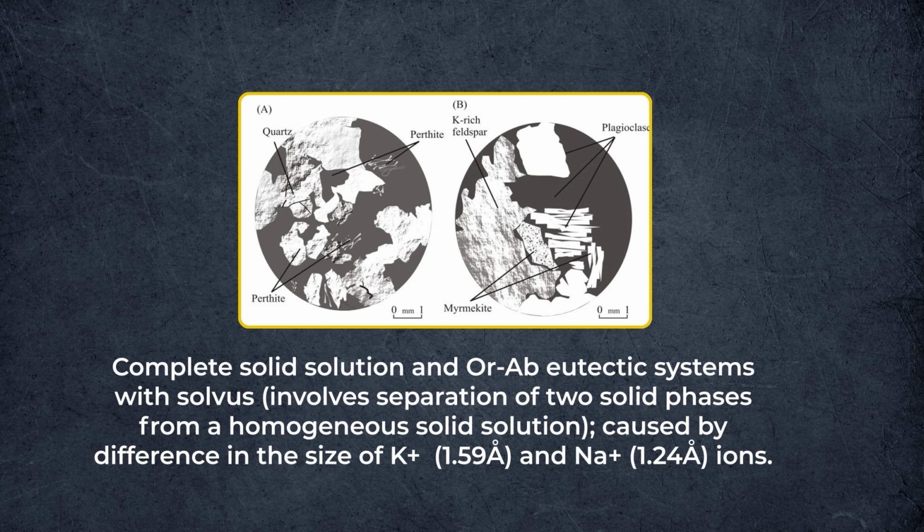K means potassium ions having an ionic radius of 1.59 angstrom, and sodium ions having a radius of 1.24 angstroms. So these two ions are mutually replaced, giving rise to the formation of the texture.